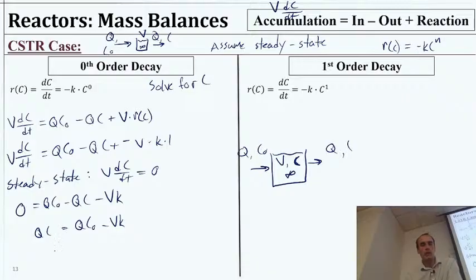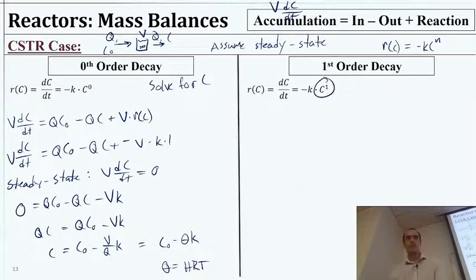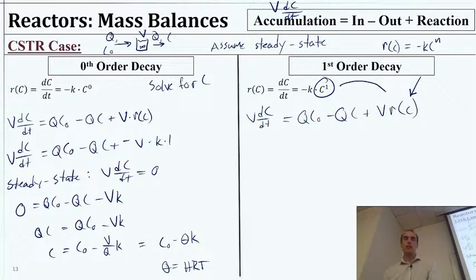Divide everything by Q, and we will get C equals C naught minus V over Q times K. And what is V over Q? This is theta, our hydraulic residence time, right? So I'll set the problem up with you. That's kind of how we're navigating this.